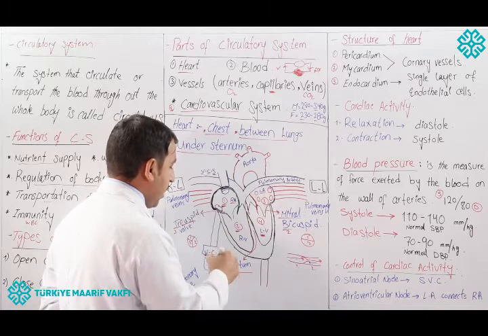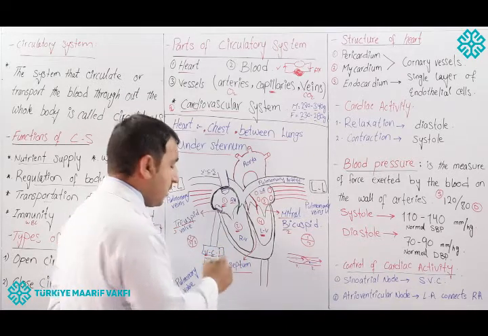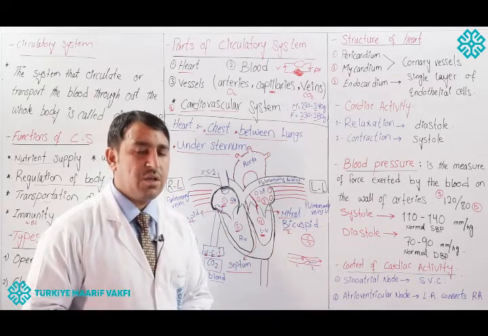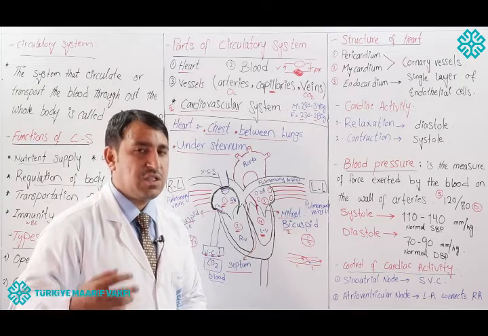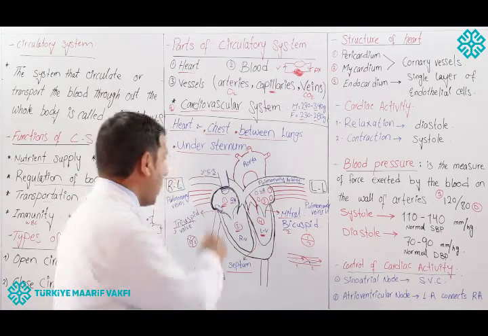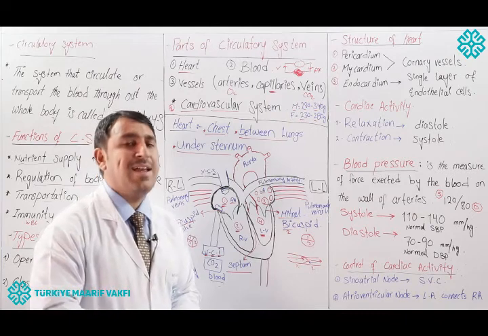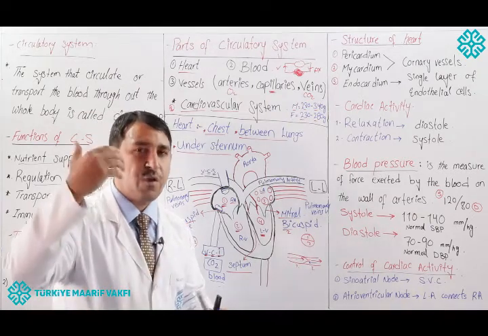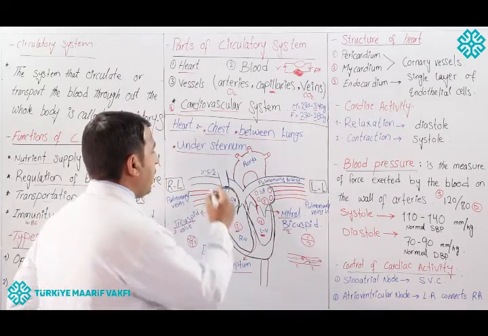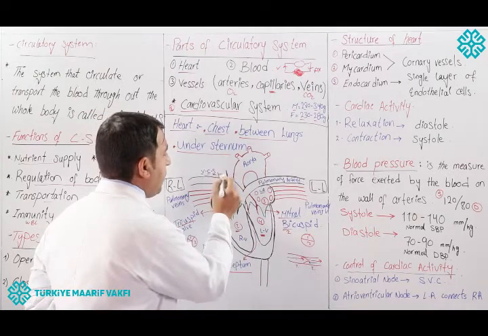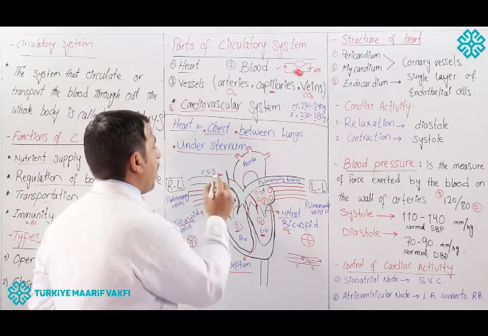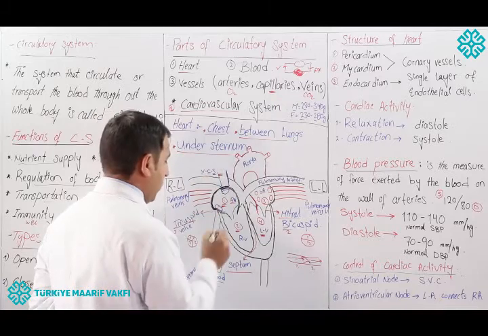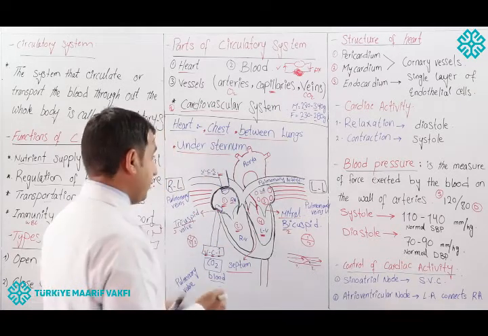The inferior collects the deoxygenated blood from the lower parts of the body, and the superior collects it from the upper parts of the body.